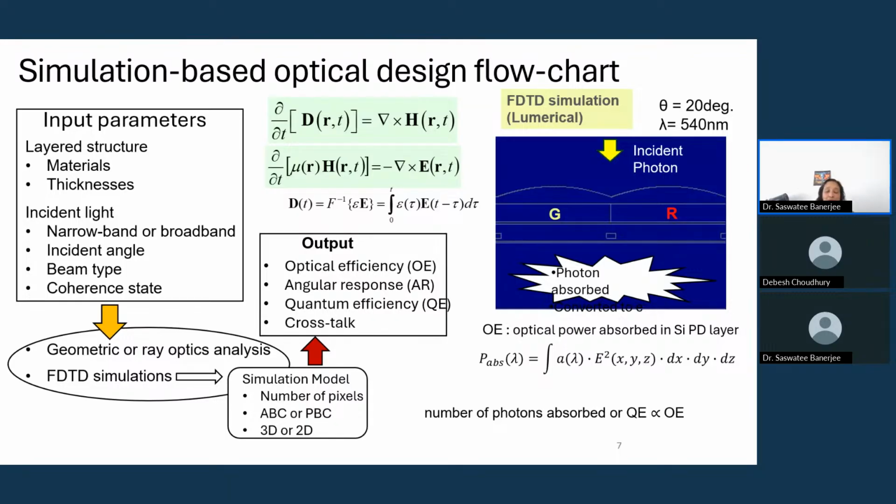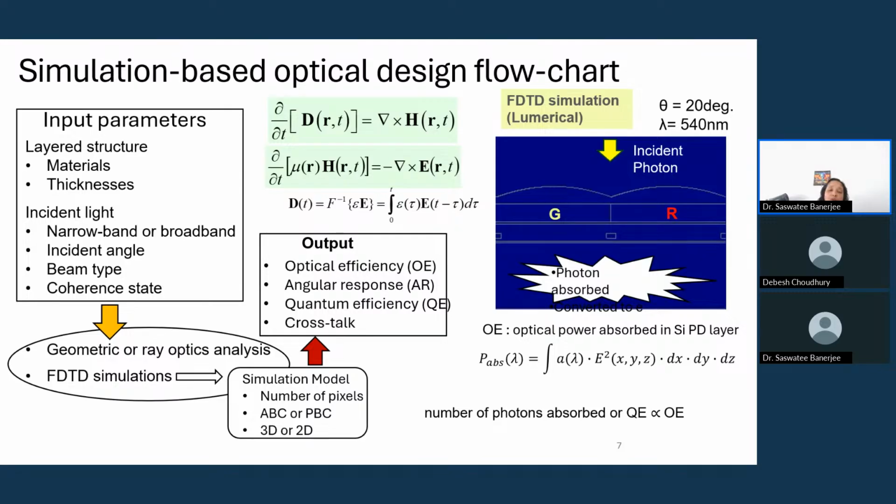Actually, in this field, geometrical optics or ray optics used to be employed to calculate these characteristics, the responses. However, now that the pixel is becoming smaller and smaller, there are papers which compare how the ray optics results and the finite difference time domain simulation results compare with each other. And actually, these rigorous simulations give you better results. There are some papers that show that.